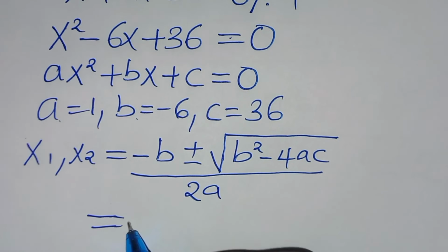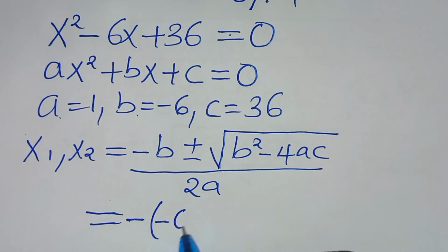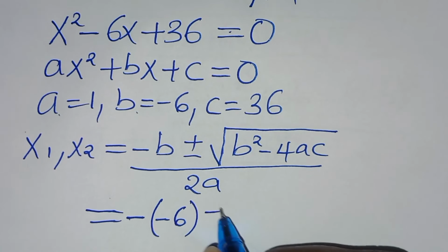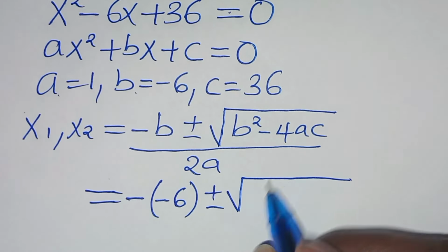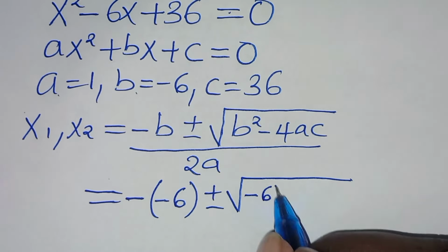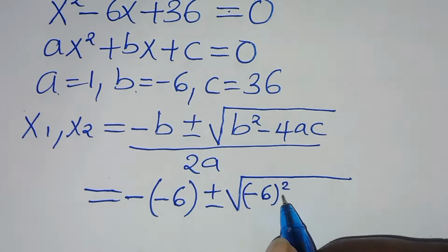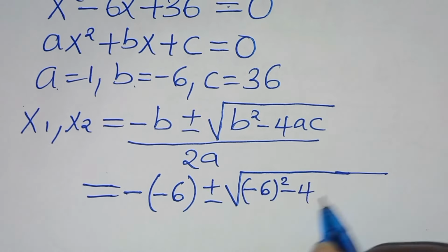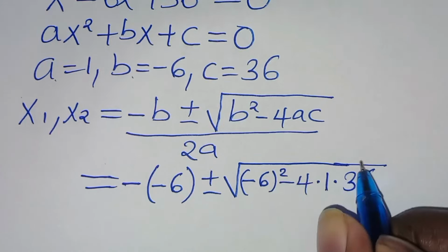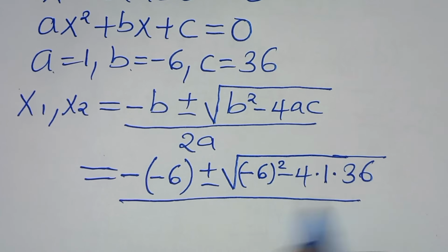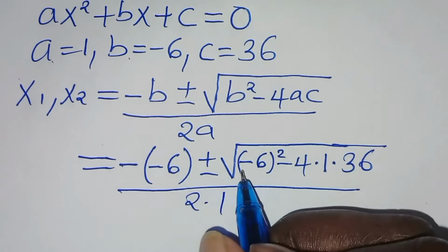So we have minus times minus 6, plus or minus the square root of minus 6 squared, subtract 4 times a, which is 1, times c, which is 36, then everything divided by 2 times 1.